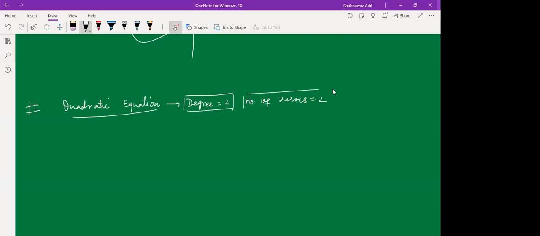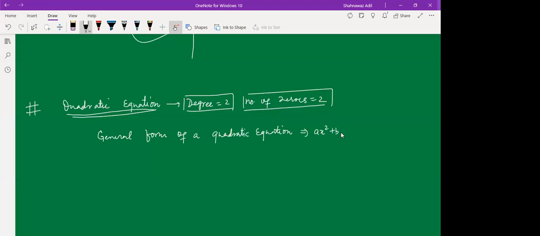And there is a general form of the quadratic equation, represented by ax square plus bx plus c equals to 0.